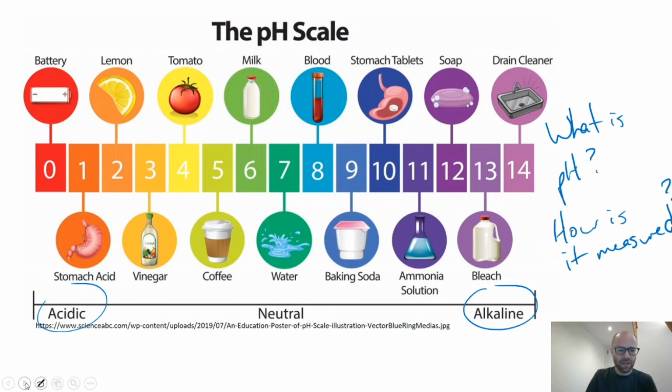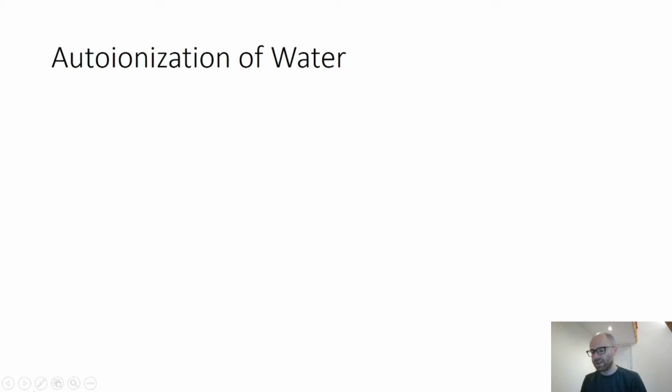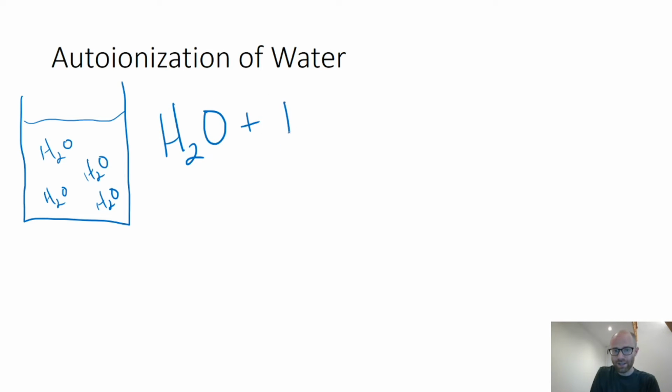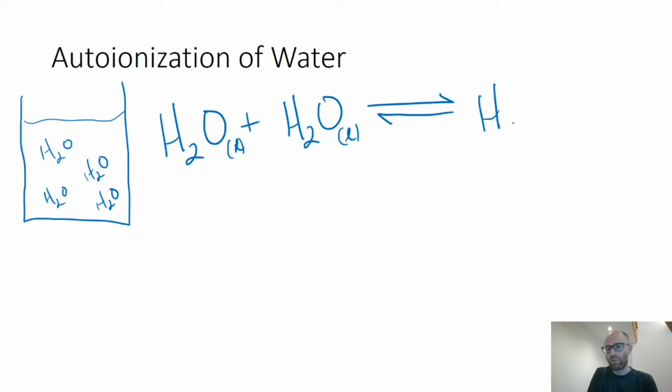To get into pH, though, I think the first thing to consider is in any sample of water, you have your beaker, and there's lots and lots of H2Os, all these H2O particles. We established in our previous lesson that water has the propensity to act as an acid or a base. What we see is that there is a chance that two water particles can collide with sufficient energy and sufficient orientation to have one of them act as a base and one of them act as an acid.